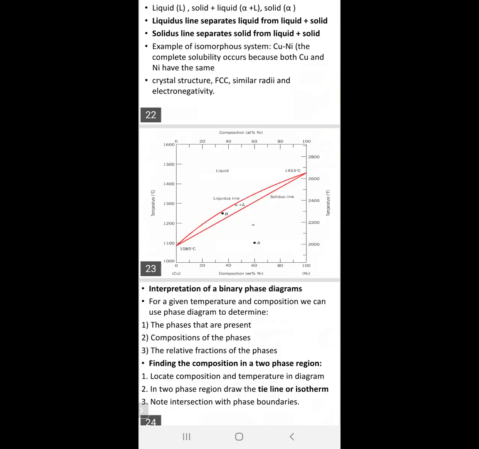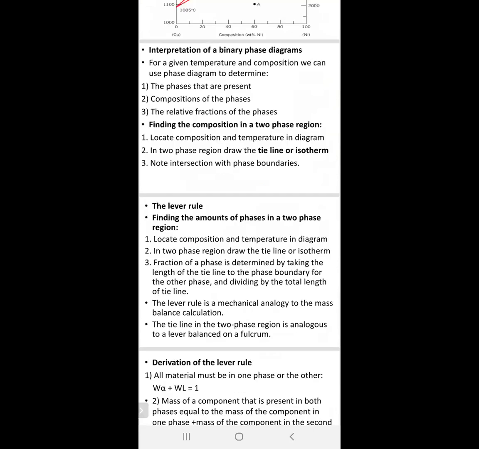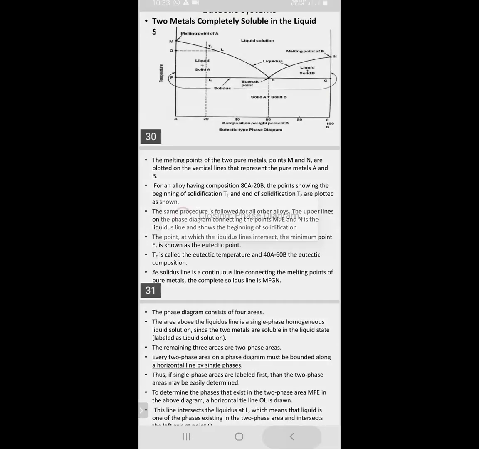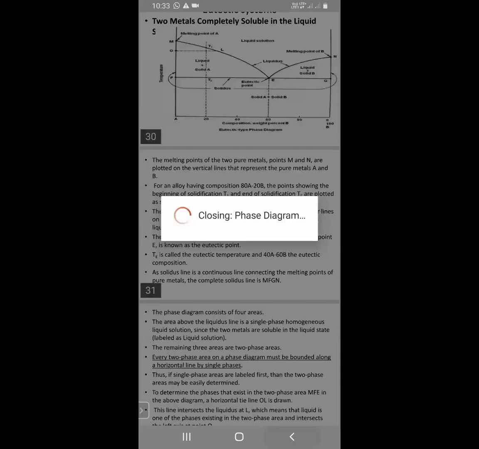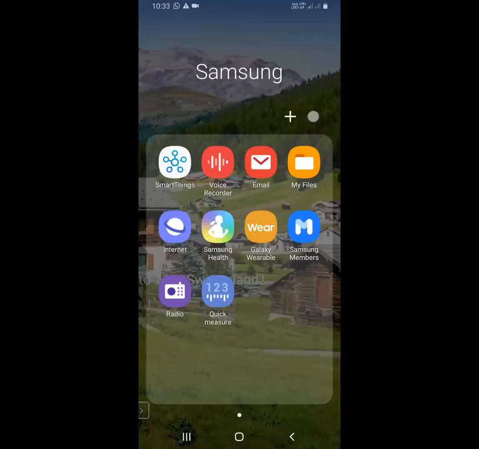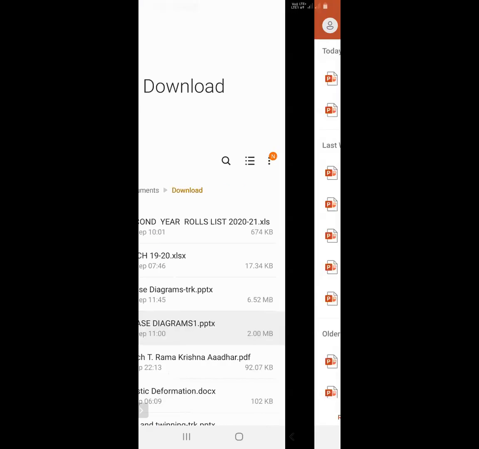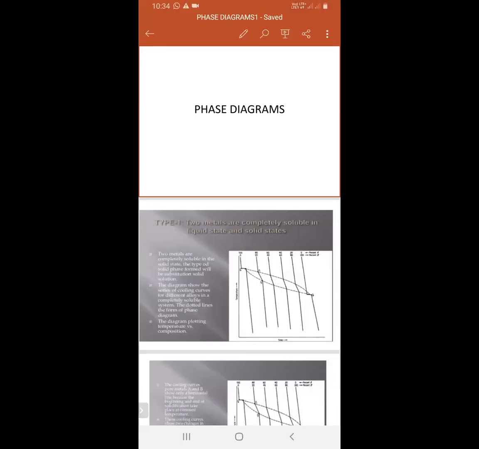One more important phase diagram is the iron carbide phase diagram. I am going to explain it, and then you can easily understand.